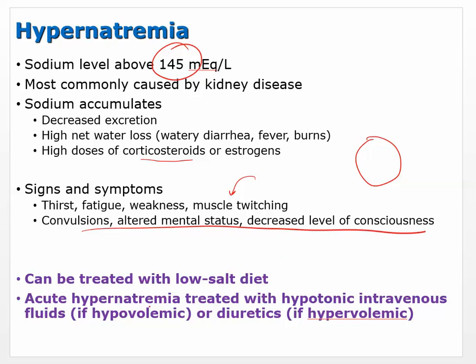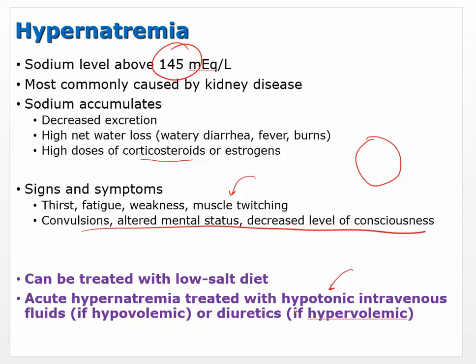Okay, acute hypernatremia. If it's sudden onset, rapidly progressing, then you might want to administer a hypotonic intravenous fluid. So if you're hypovolemic, you don't have enough volume, because you've lost a lot of water so your concentration of sodium is higher, then you can give a hypotonic solution, replacing that water to try to match the sodium that's already in there.